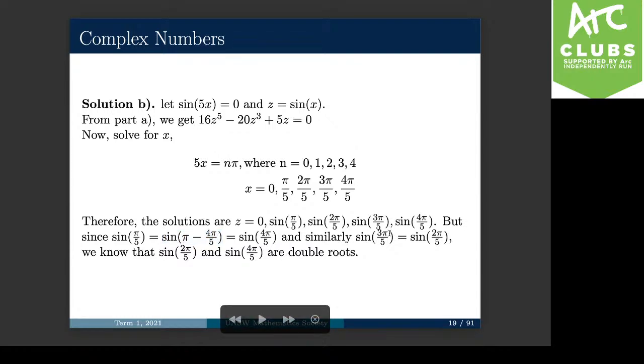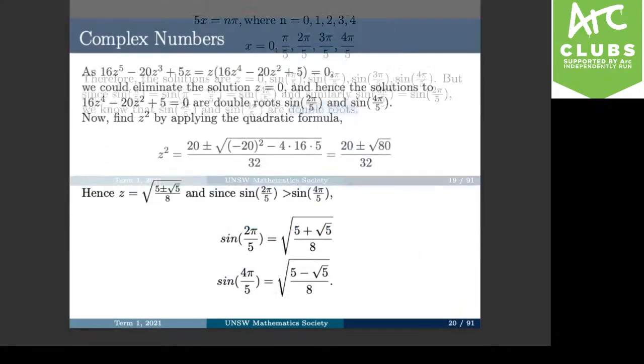And also, this is a similar case for sine 3 pi over 5. That would just be sine 2 pi over 5. So we know that sine 2 pi over 5 and sine 4 pi over 5 are like double roots, which would be more convenient for us to find the solution a bit later.